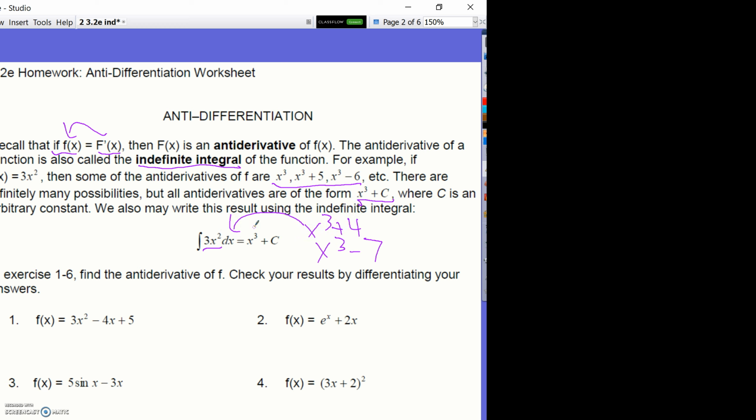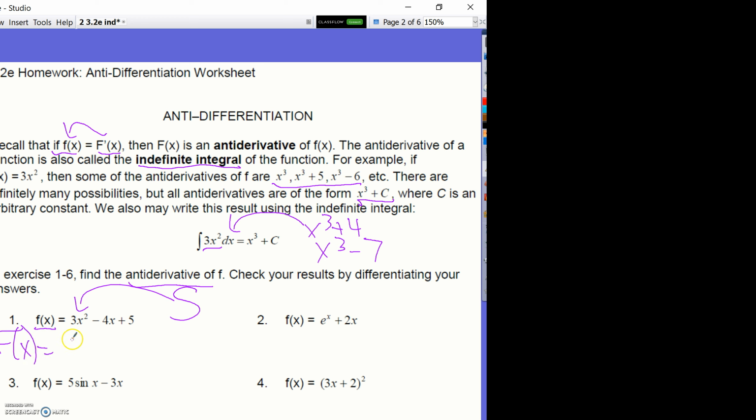So doing exercises 1 through 7, it says find the antiderivative. So basically they are saying the integral sign for the function given. It's like putting this sign in front. So if I start with little f of x, what came first was capital F of x.